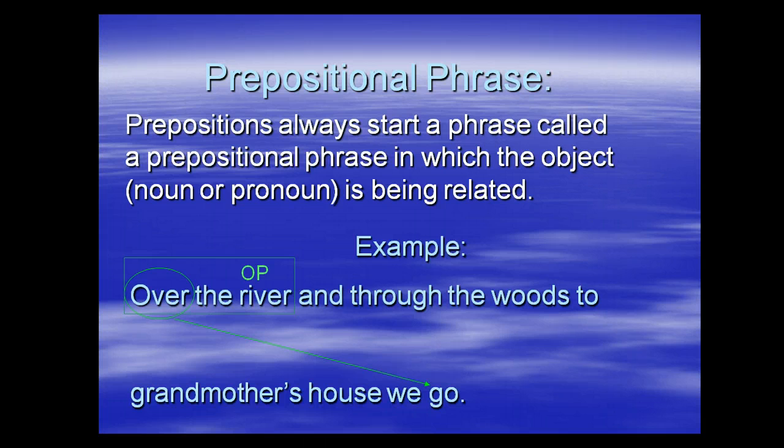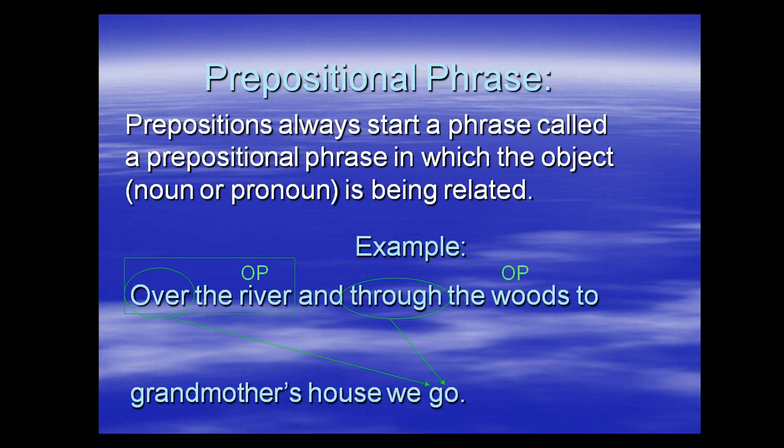Scanning again, I see another preposition. I know a squirrel can go through a river. So through is a preposition, which means that I have to look for the first noun. I see woods. So my whole phrase is through the woods. And that is also the relationship of direction. And it shows where we go.